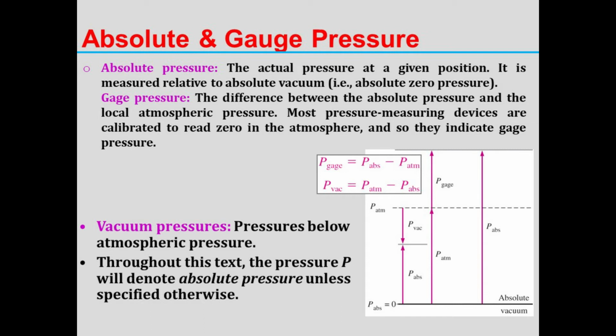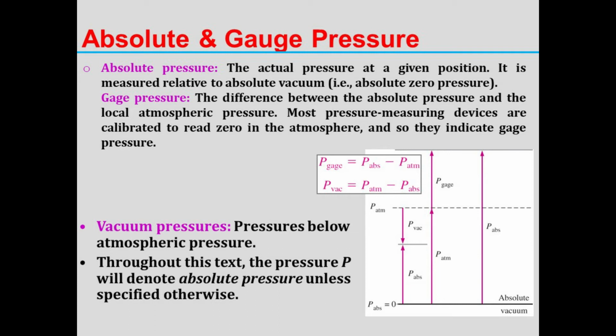As discussed before, P gauge is the difference between the absolute pressure and the local atmospheric pressure at any point, and it is the one that we normally measure using any gauge.